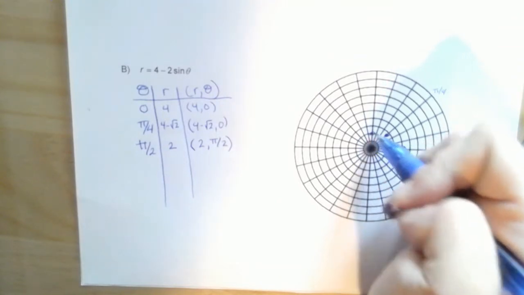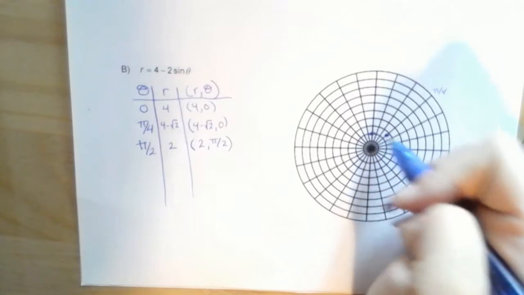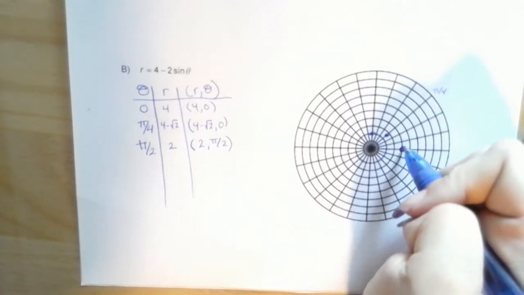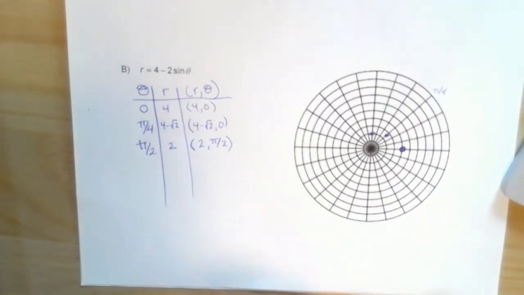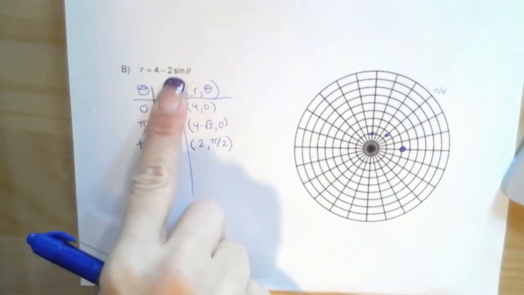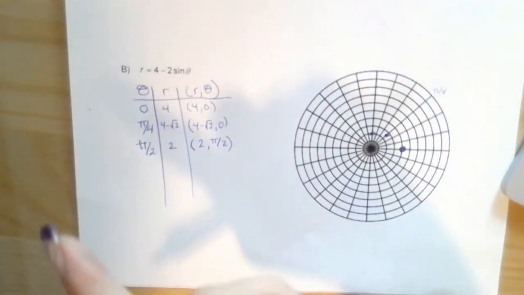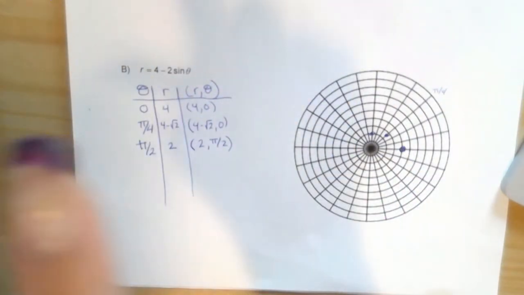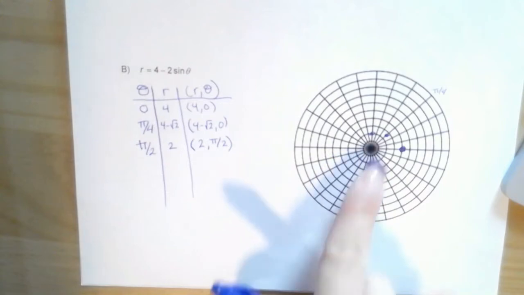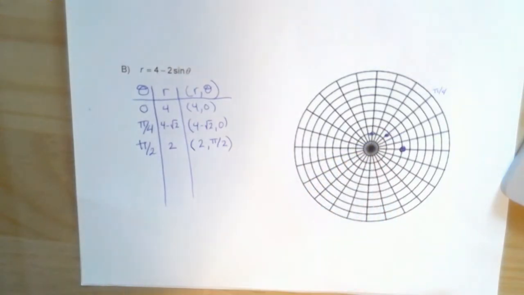If you guys see here, this is going in. It's actually decreasing, right? It's dipping inward, which if we were to graph a sine like this on a Cartesian point, remember our wave? This means probably between these points it's actually decreasing, going closer to the x-axis, or in this case we're going closer to the center.